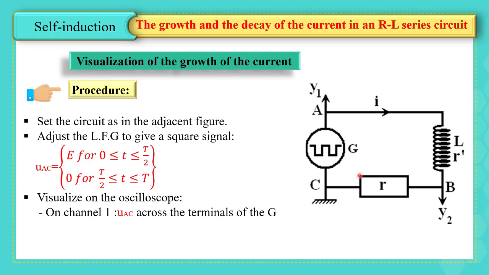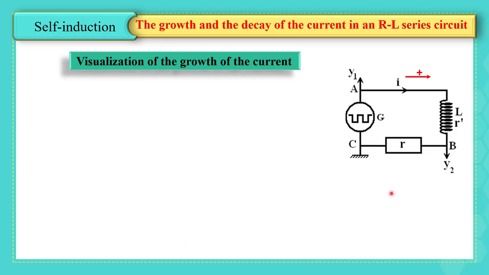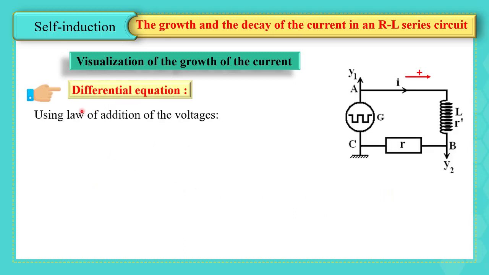On the screen of the oscilloscope, we are visualizing on channel 1 UAC, which represents the voltage across the terminals of the generator, and on channel 2 the voltage UBC, which is the voltage across the terminals of the resistor.